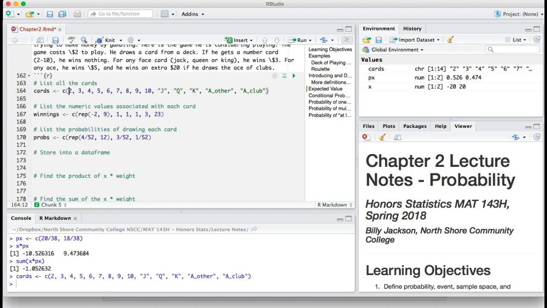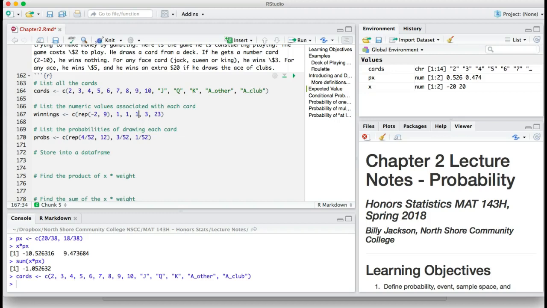Now for all of the cards 2 through 10, they all have a value of negative 2. You don't win anything, so you just lose the $2 that you put up. So you'll see in this winnings vector, I repeat the value negative 2 nine times, once for each of those cards. Then for Jack, Queen, and King, you'd win $1 each. Why $1? Because you paid $2 to play, and you win $3, so the overall outcome is a $1 positive.